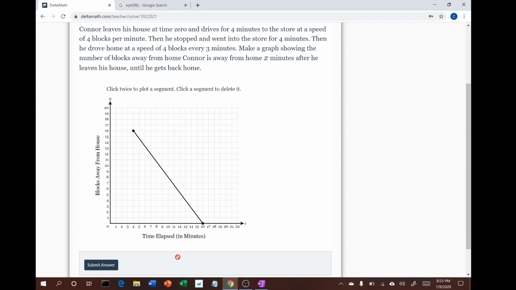I don't like that. So he leaves his house at time 0, drives for 4 minutes to the store at a speed of 4 blocks per minute. Okay, I feel like I did that part right. So he's here. He's at 16 blocks at 4 minutes. All right, so now he's going home. He drives 4 blocks every 3 minutes.